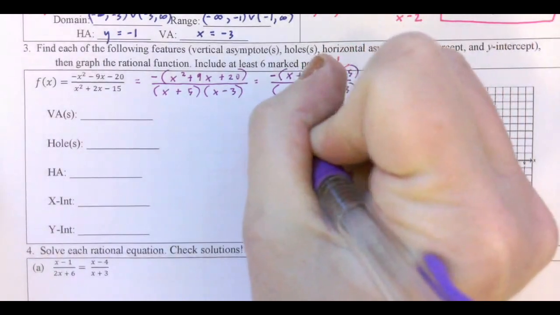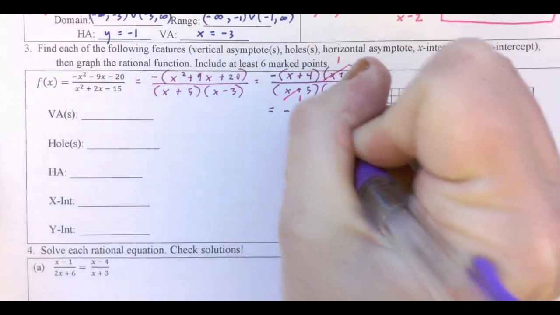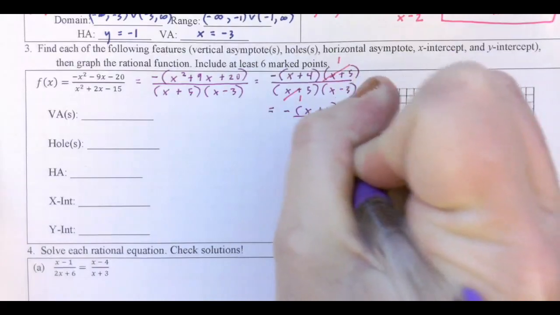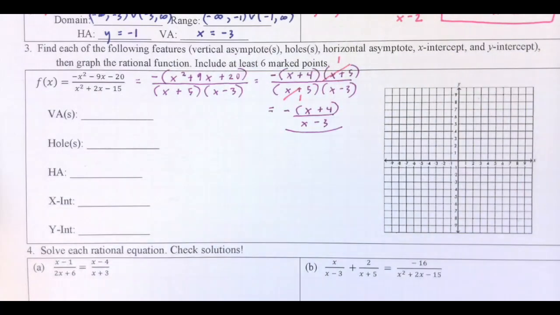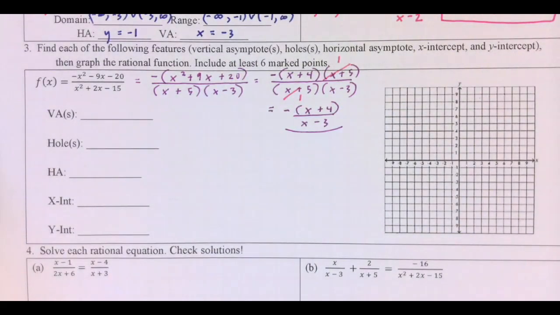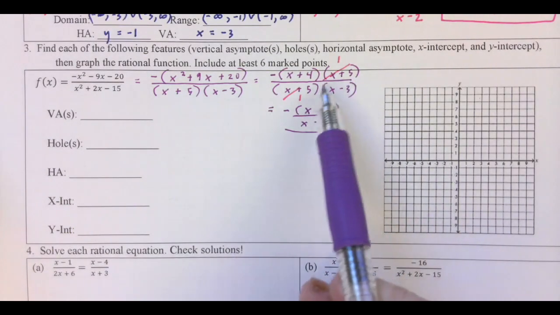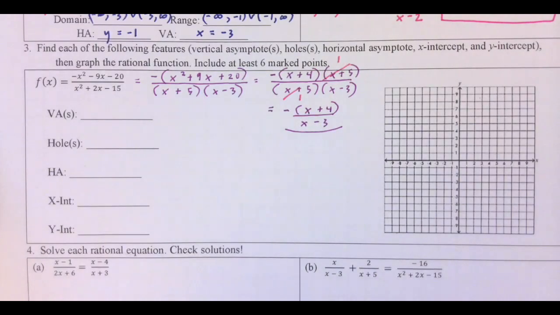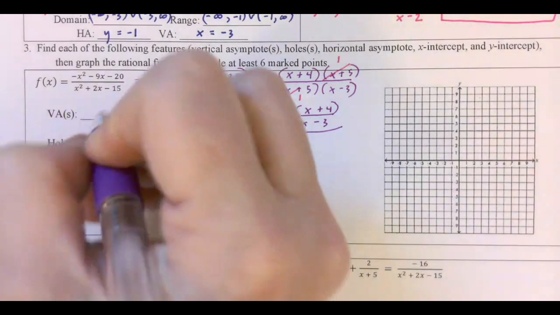So nicely cleaned up, this looks like -1 times x plus 4 over x minus 3. Okay, so now my vertical asymptote or asymptotes, I'm looking at what stayed behind right here. So that's going to present as an asymptote at x equals 3.